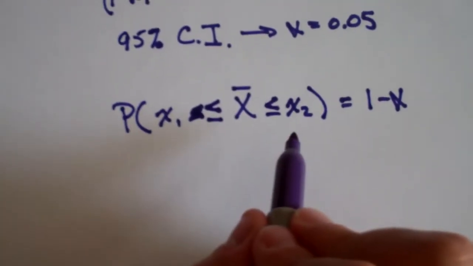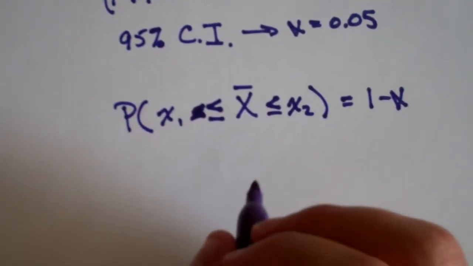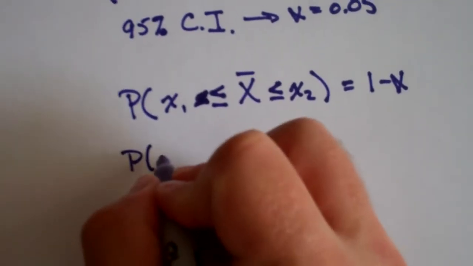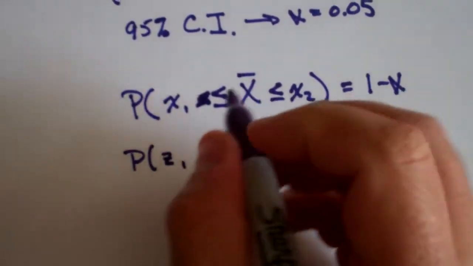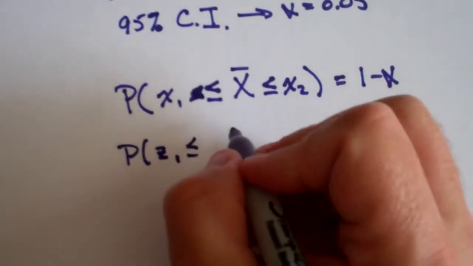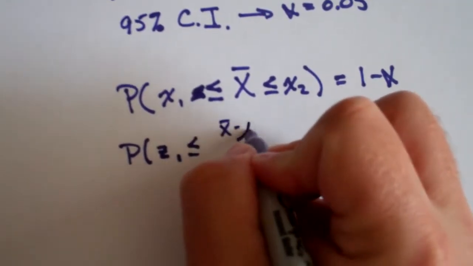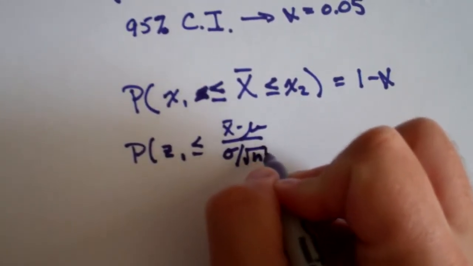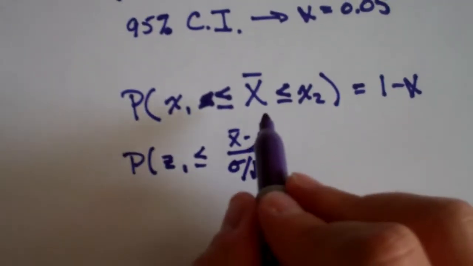And looking at doing again our transformation to a standard normal random variable, we find the probability that it falls between two limits, with sigma divided by the square root of n, since it's the sample mean, not just x but x bar.